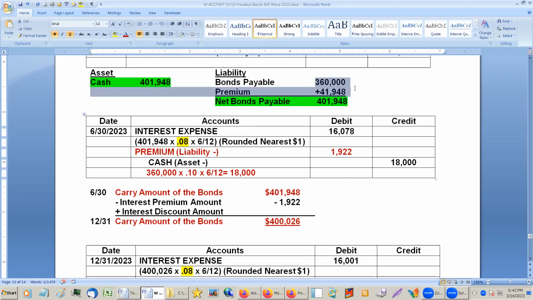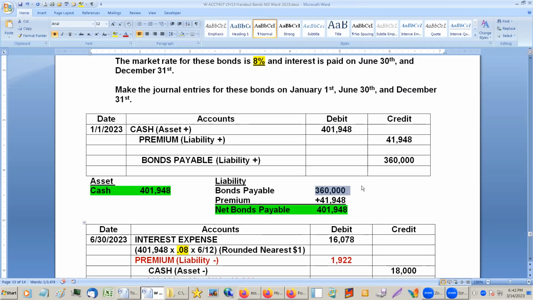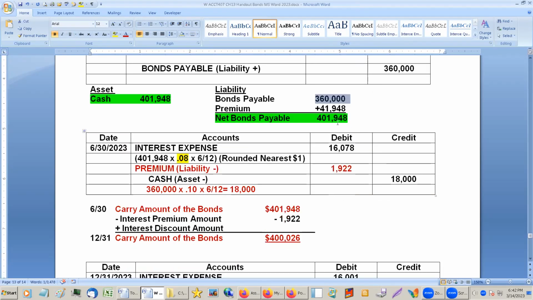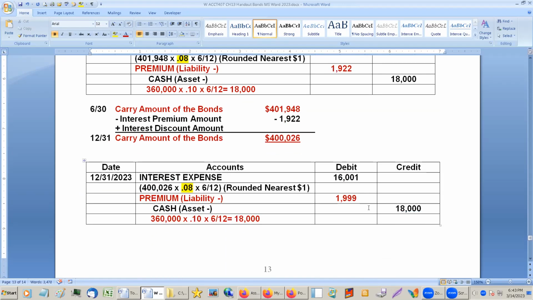And then at the end, we'll have this 8 years. At the end of 8 years, we're just gonna have the 360 left. The premium will have disappeared completely. We'll just have the 360 left, and that's what will pay off.